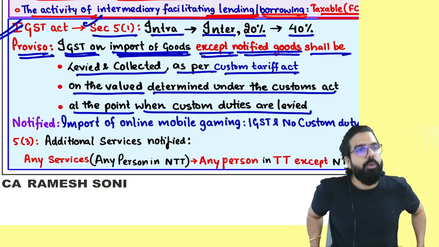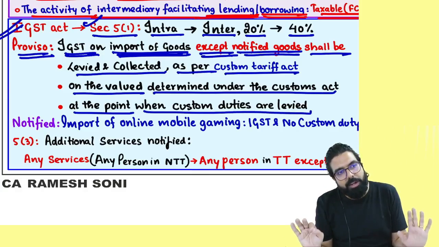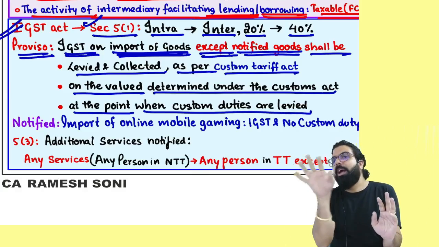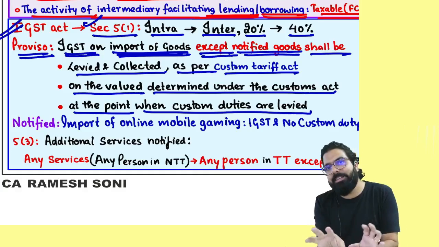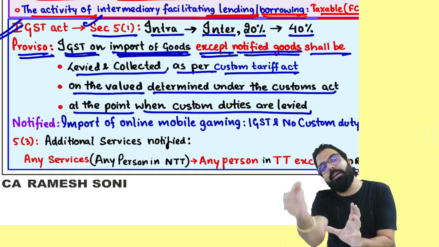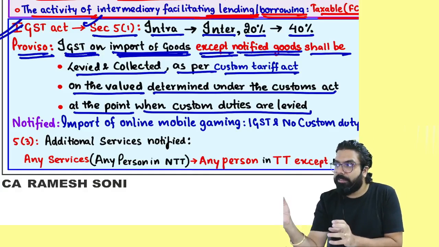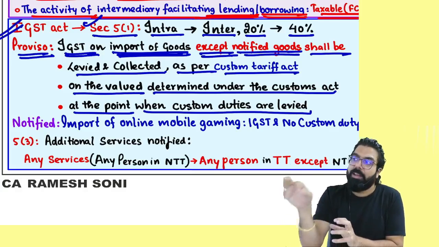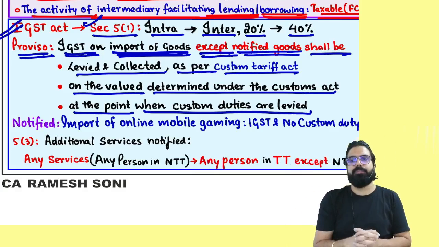They are telling, whenever you import goods from outside India, importation is interstate, IGST is payable, but you pay that IGST when you are paying custom duty. It means at the custom port, when you pay custom duty, you will have to pay that IGST also.